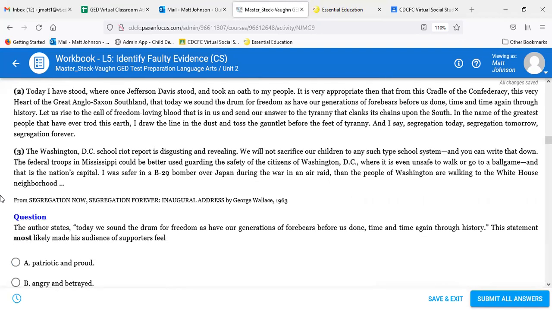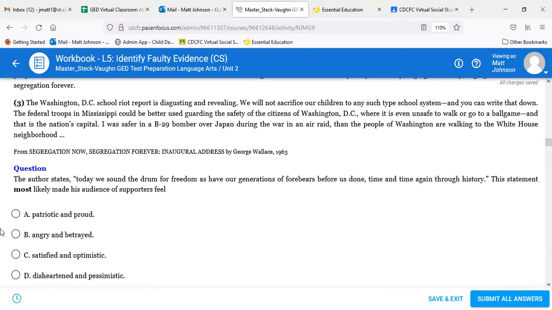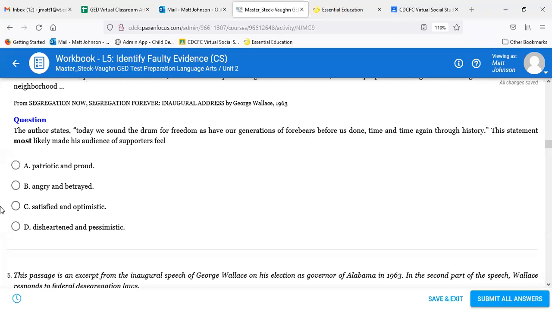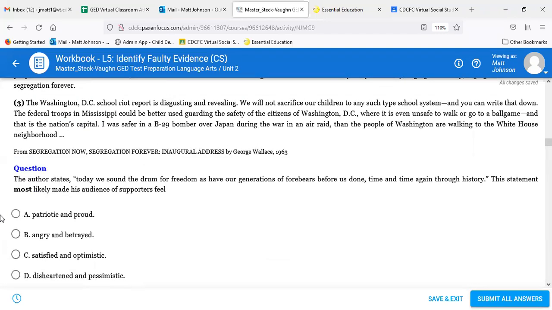And Sasha Gay, how about number 4? The author states, today we sound the drum for freedom, as have our generations of forebears before us done, time and time again through history.